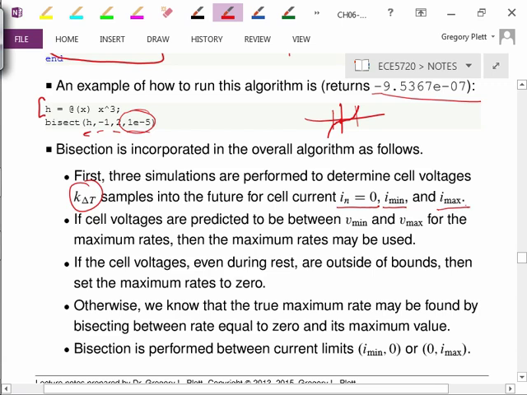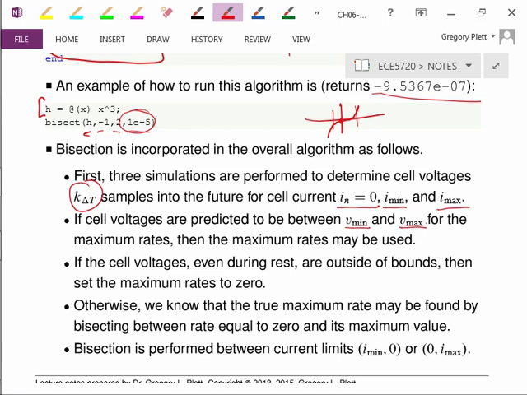And if the cell voltages are predicted to be within the bounds for the maximum rates, then we can use the maximum rates and not have to bisect at all. We have completely avoided bisecting because the cell can handle the maximum current. If the cell voltages even during rest are outside of bounds, then we have an error situation. The cell is already outside of the proper operating limits, and that's bad. So we set the maximum rates to 0 and inform the vehicle or the load that something went wrong.